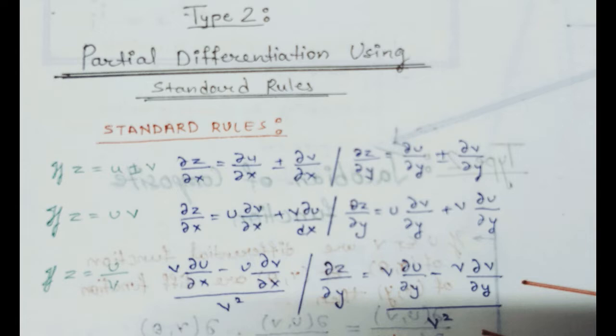These are the four subtypes of partial differentiation using standard rules, where we will require my standard rules. Keep watching the video till last to get a clear-cut idea about how to implement partial differentiation using standard rules.